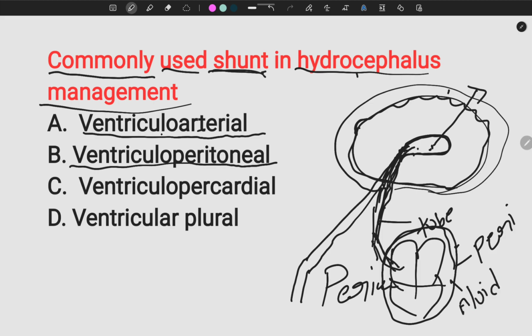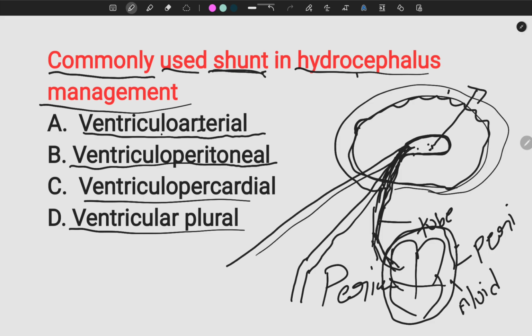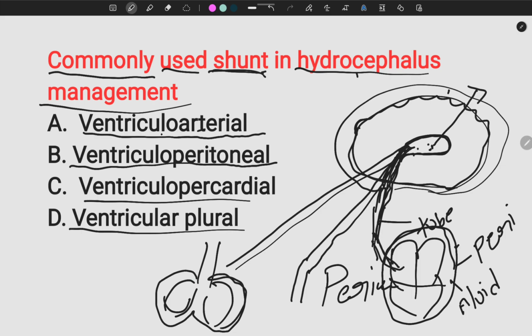And finally, ventriculopleural. In the same way the shunt is from the ventricles to the pleural cavity, which covers the lungs. Which is the most common and safe method in the case of hydrocephalus management in children?